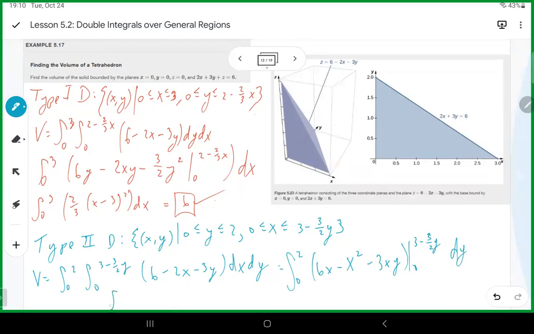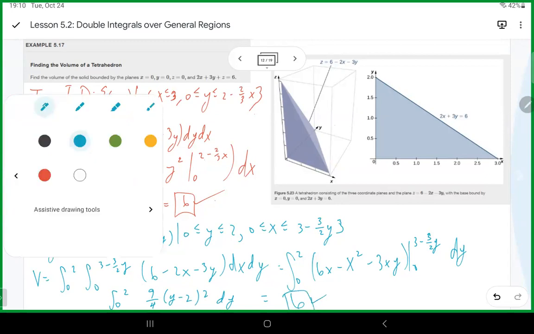So then that's 0 to 2, 9/4 y minus 2 squared dy. And if you work that out, you also get a 6.